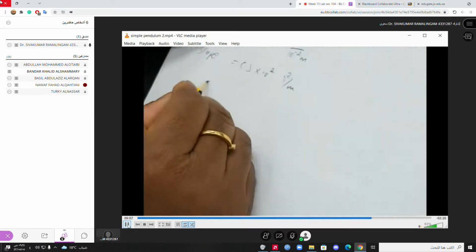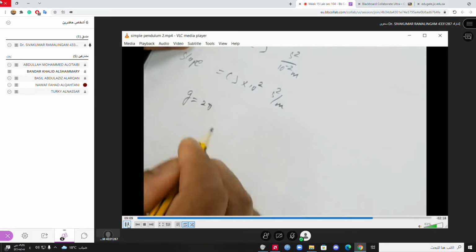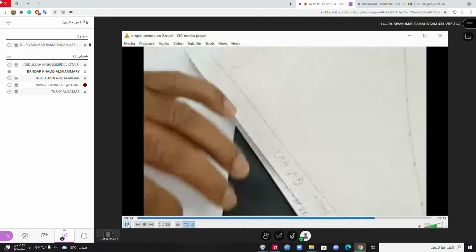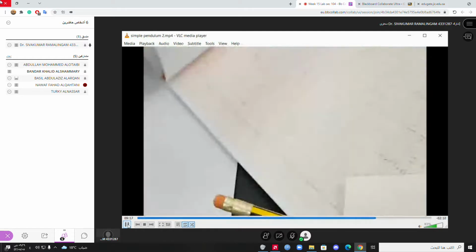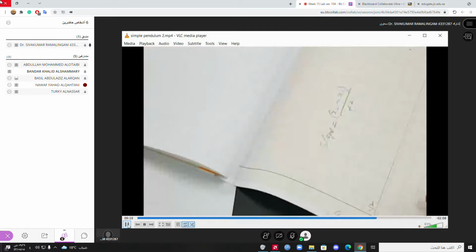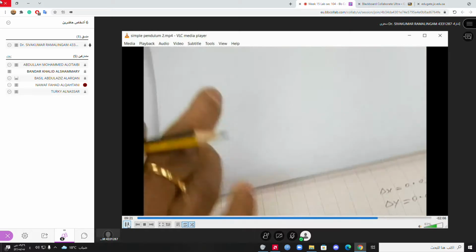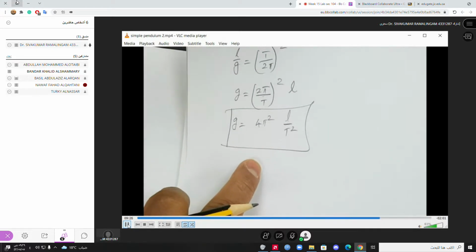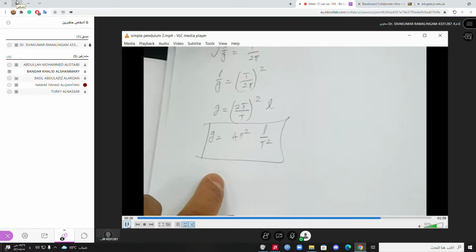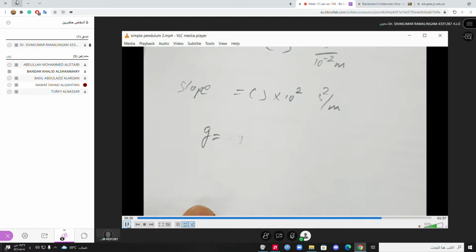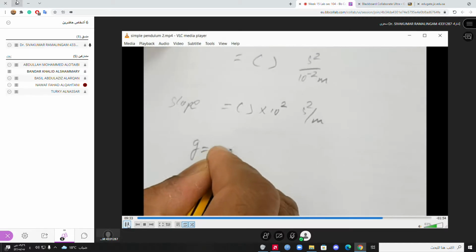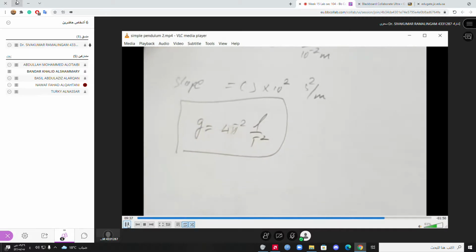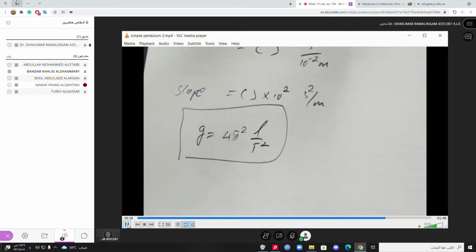Now your g is equal to 4 pi square L by T square. This is the formula we already derived.